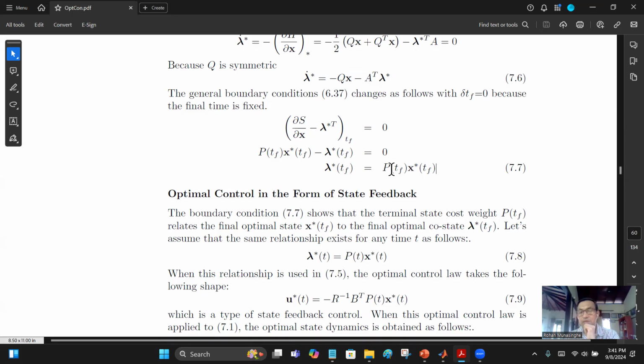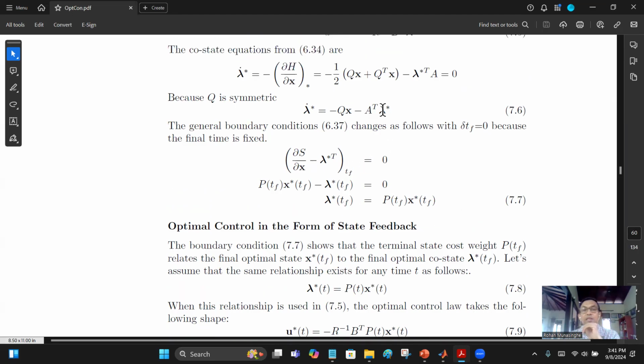This is the terminal state cost weight at the endpoint, and that is your Lagrange multiplier value at TF. Then you can put it over here and calculate the rate of change, and calculate all of the state variables and the Lagrange multipliers, their values towards 0. You can run the algorithm.